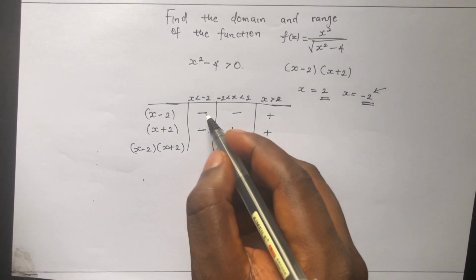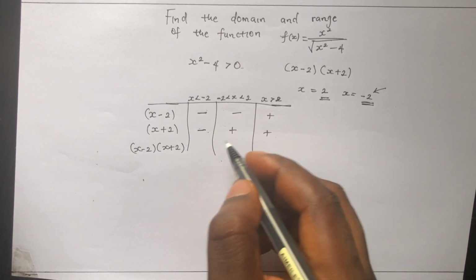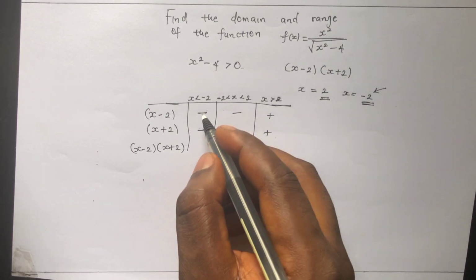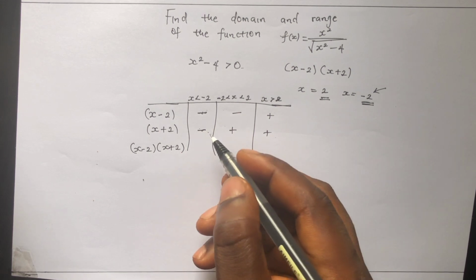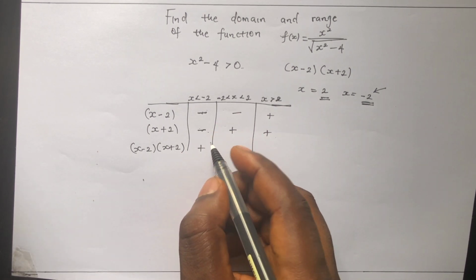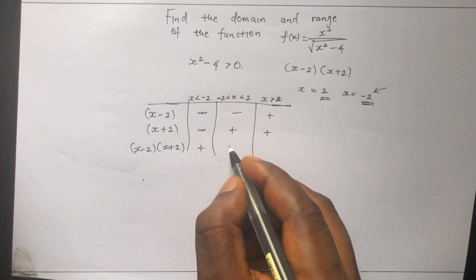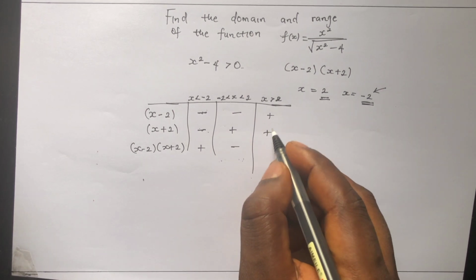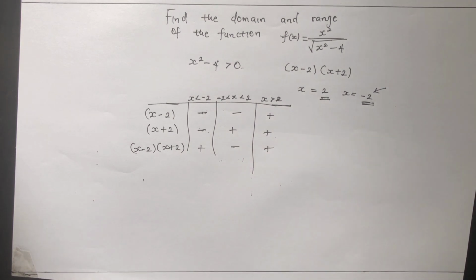Now we are going to multiply these two signs to give us the product. When negative multiplies negative, the product is a positive sign. Negative and positive give us a negative sign, then two positives give us a positive sign.